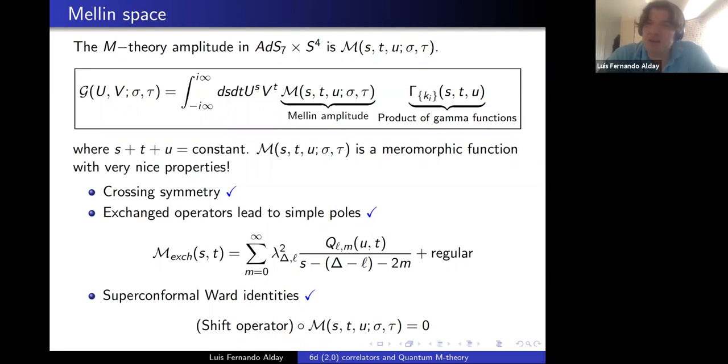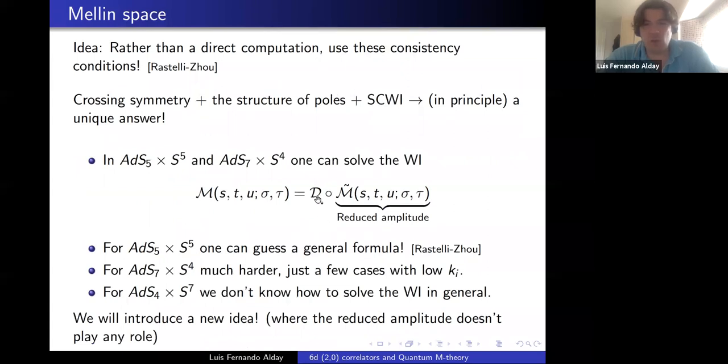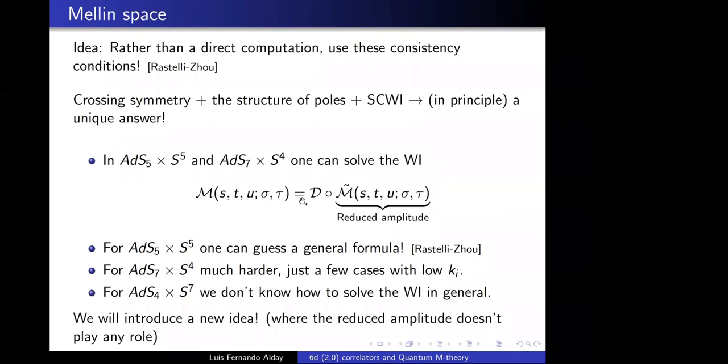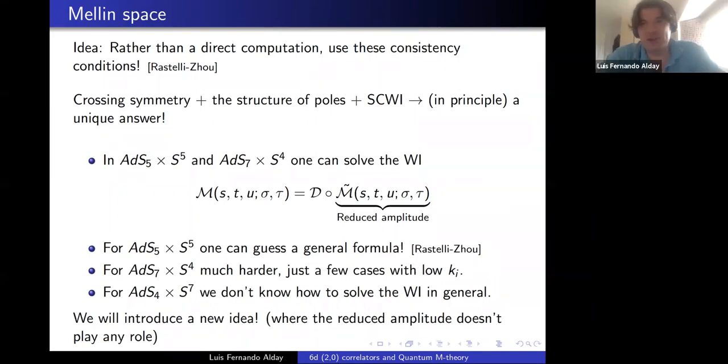It doesn't seem very useful. Also, it has to be said that this operator D takes derivatives with respect to sigma and tau, so you are not allowed to set sigma and tau to 0 and 1 and then take this operator D. So it's a bit complicated. This MRV seems to make more sense at the level of the full amplitude.